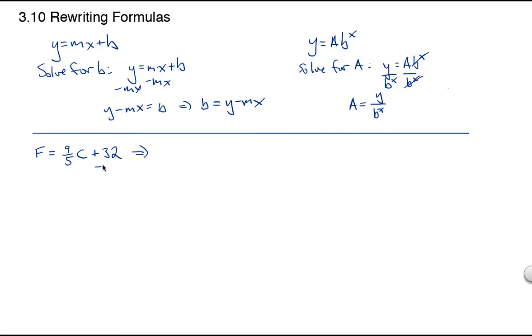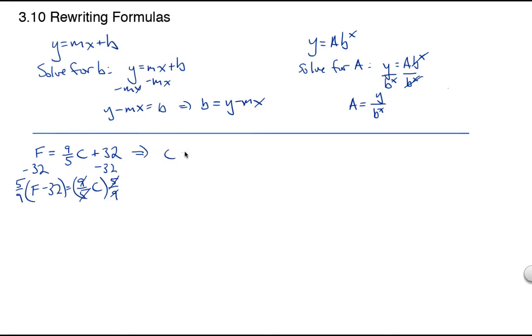Well, all I would do is solve this equation for C. So what we'll do first is subtract 32 from both sides. We've got F minus 32 equals 9/5 times C. And then I'll multiply both sides by 5/9. I've noticed I'm multiplying the entire left side by 5/9. The 9's cancel, the 5's cancel on the right, so C's by itself now.